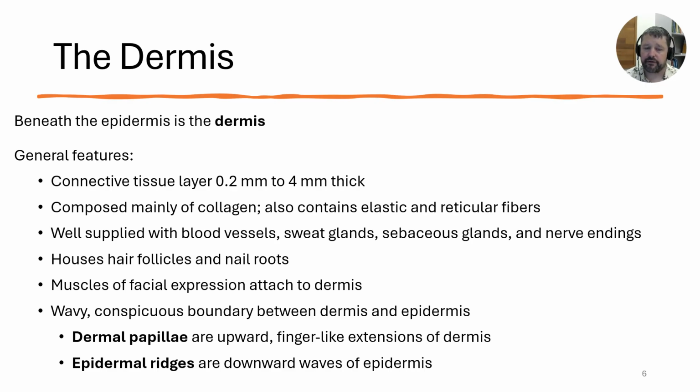Dermal papillae, we already kind of talked about that. Those are those finger-looking indentations from the dermis going up. That's where a lot of the blood vessels run up to provide the oxygen and nutrients needed for the epidermis to survive and grow and reproduce and keep producing keratinocytes that keep moving out to the outer edge.